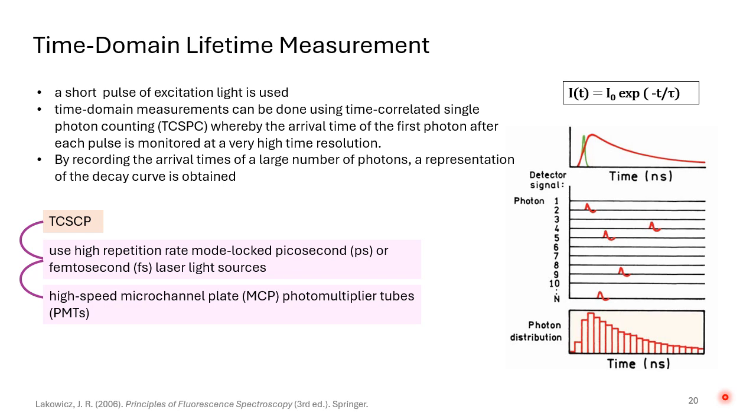So the detector is actually measuring the time in between. Now let's assume it took 2 nanoseconds or 3 nanoseconds to detect this photon.